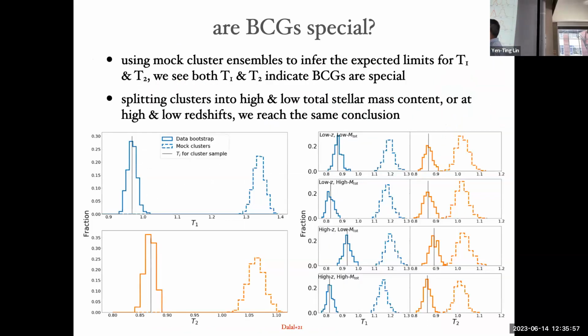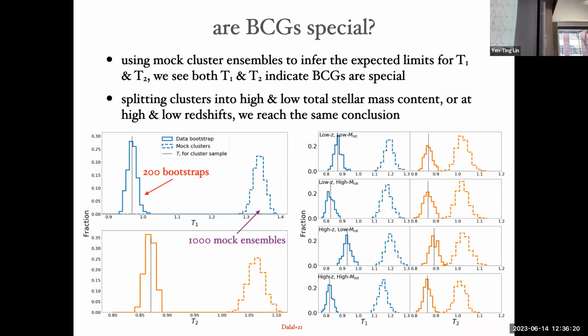And instead of using the limits derived by TR, which assume the power law shape at the right end of the luminosity function, to get a better handle on the statistical expectation, we instead tried using 1,000 MaxBCG cluster ensembles.